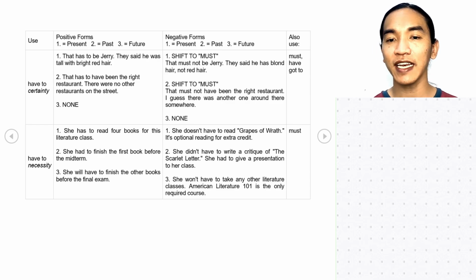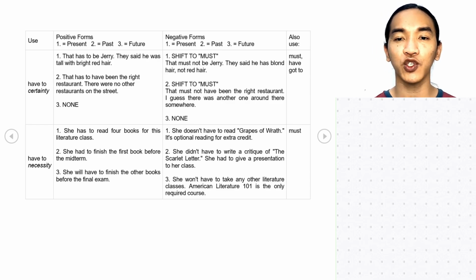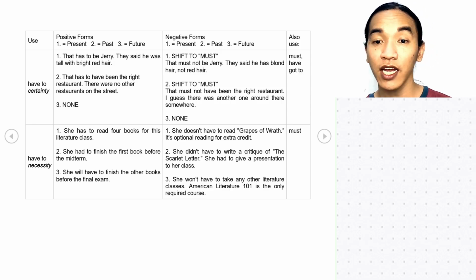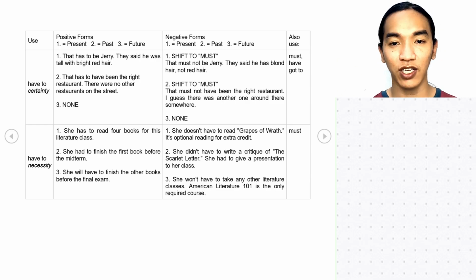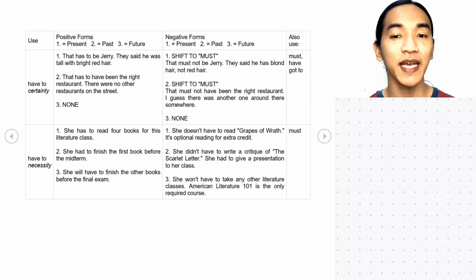Now, for negative, we have to shift to must, okay, and make it must not for the present tense. That must not be Jerry, okay? They said he has blonde hair, not red hair. So I'm sure he's not that. So that must not be Jerry. Okay. Number two, must not have been.